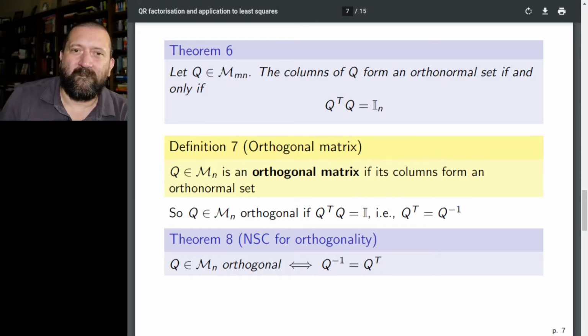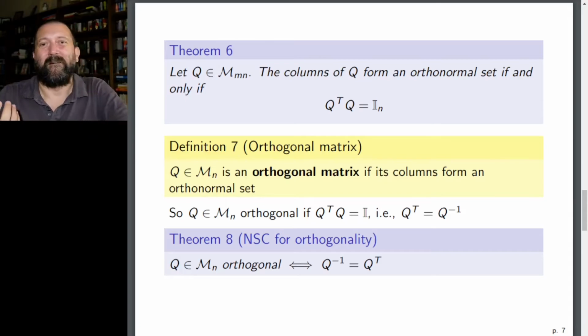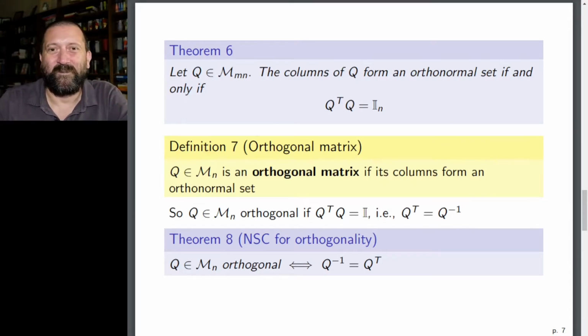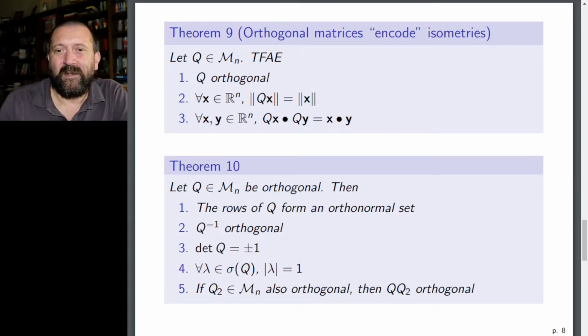Now, orthogonal matrices, I could speak about them for quite a while. They have a bunch of very interesting properties, but I'm not going to spend that much time on them. I'm going to show you some interesting properties nonetheless. So first, we'll start with the following equivalence type result.